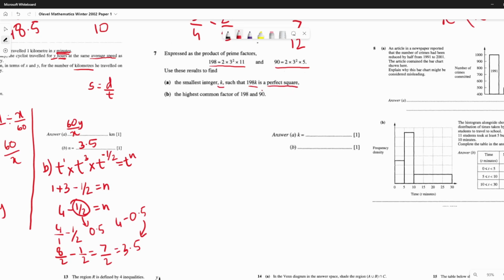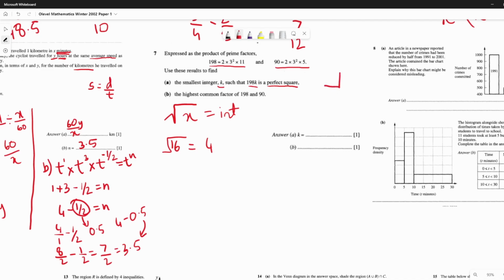So first I need to actually tell you what a perfect square is. A perfect square is basically a number which, when you take the square root of it, you get an integer as an answer. So let's say 16: when we take the square root of 16, we get 4. So 16 is a perfect square.